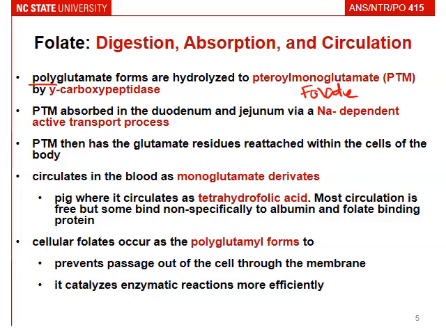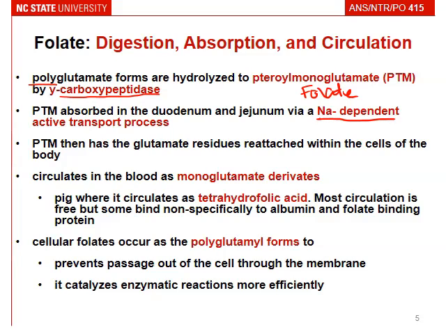This happens using gamma carboxypeptidase, which comes from the pancreas. Then folate is able to be absorbed in the duodenum and the jejunum via active transport, a sodium dependent active transport.